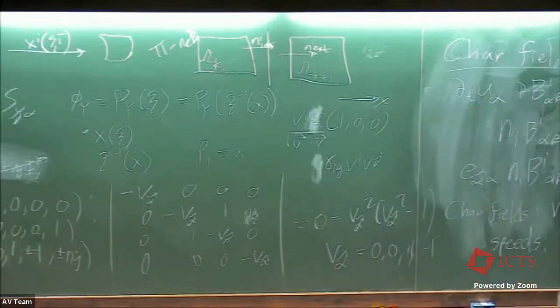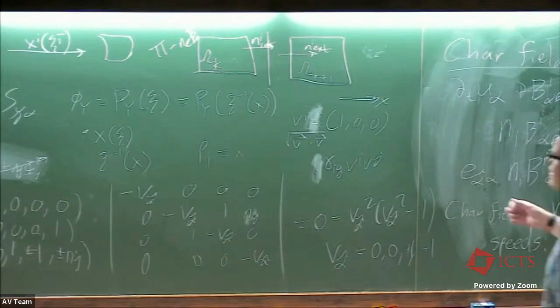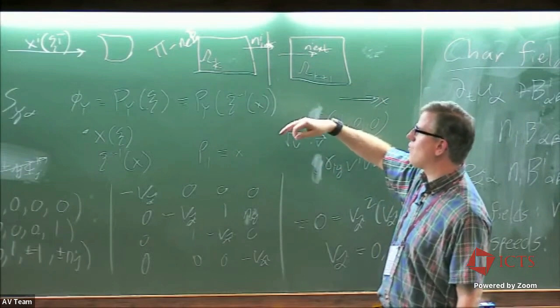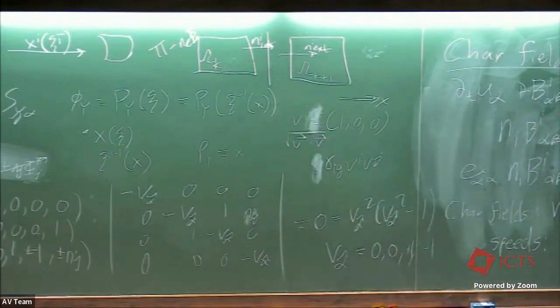So that's an example of what I meant by characteristic fields and characteristic speeds. You can always find them. You could find them for the generalized harmonic system, just they're more complicated. And they're the combinations of variables that have to do with what's flowing back and forth, and with what combinations you need to actually choose to have the evolution be well posed.